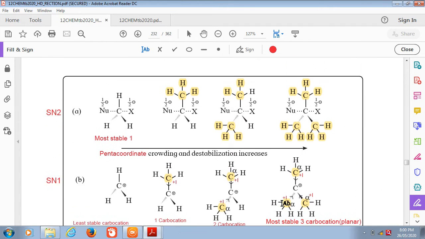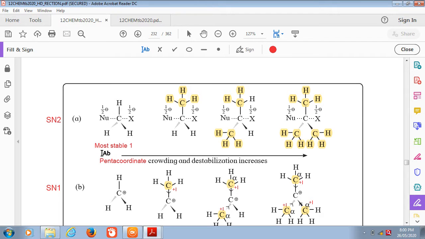If you observe here in the Sn2 reaction mechanism, this transition state of methyl bromide, the carbon is attached to 3 hydrogen, 1 nucleophile and 1 X. So it is penta-coordinated crowding, and if instead of hydrogen there is 1 methyl group, 2 methyl groups and 3 methyl groups, the crowding over that carbon goes on increasing and that destabilizes the compound.